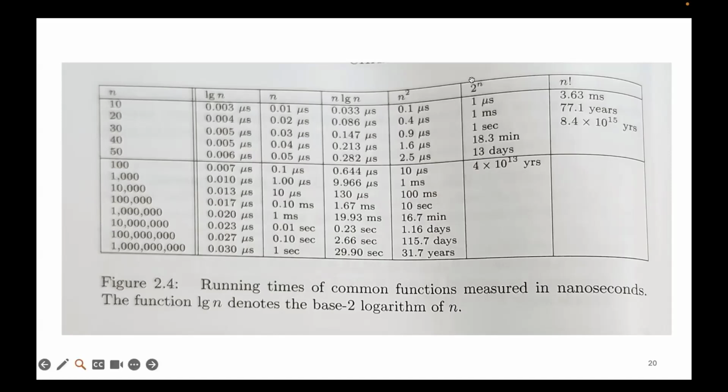So 2 to the n kind of maxes out at n equals 50, which gives us 13 days to compute something, because after that, it's a useless number of years spent computing something. And then n factorial is really only good up to 10 or so, because after that, who wants to spend 77 years running some program? I don't.